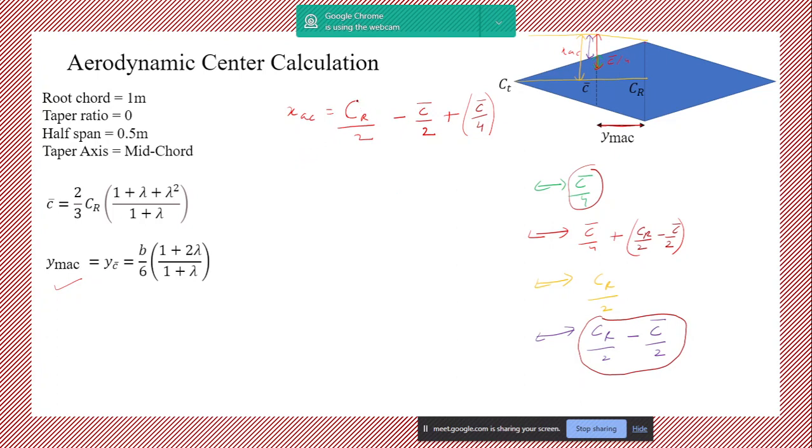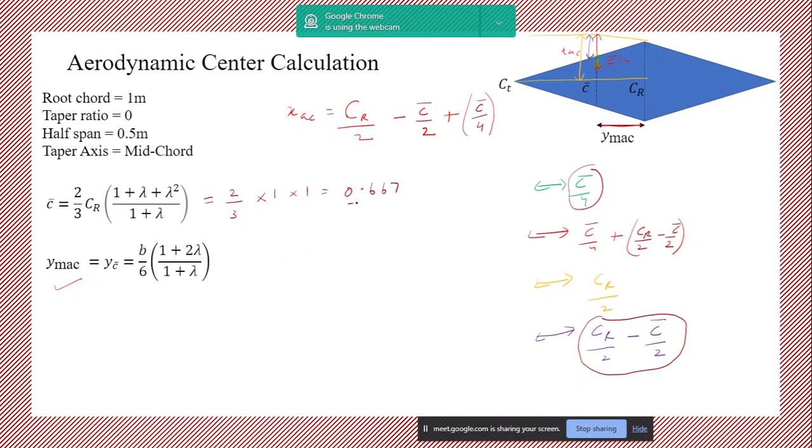From this equation we can find out XAC, but we don't know C bar. So let's try finding C bar, which is 2 by 3 CR times the taper ratio term. CR is given as 1 meter. Taper ratio is 0, so this will be 1. This value will be 2 by 3, which is 0.667.